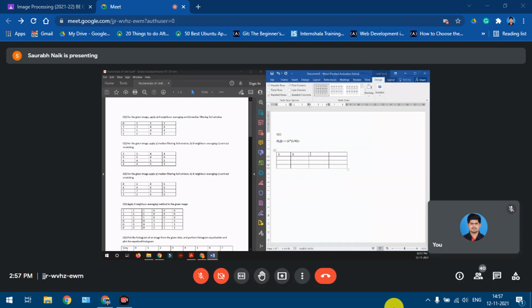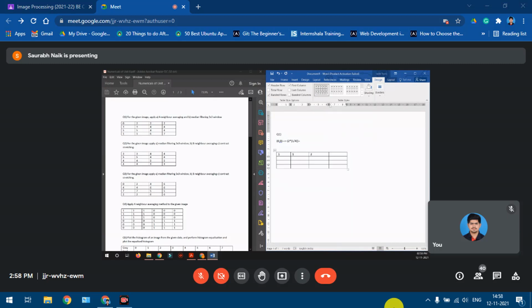Okay, that comes to 5 divided by 4. So that's again 1. Now over here you would get 4 plus 2 plus 2, that's 8 divided by 5. That should come to about 1.5. So that's 2, and here neighborhood averaging would be 2 plus 4, that's 6 divided by 5.